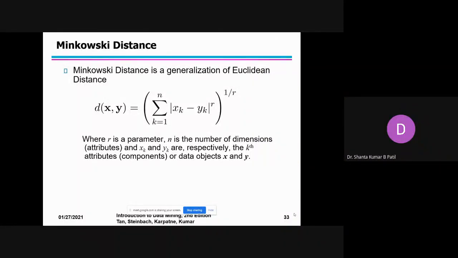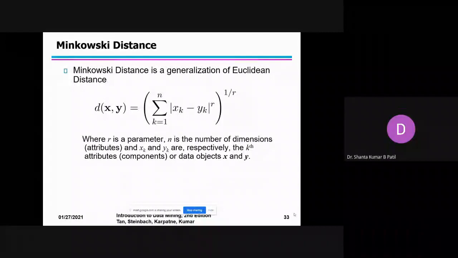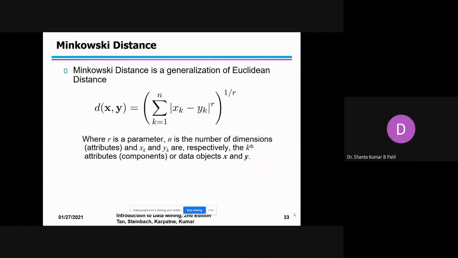I hope you are making the difference: the concept is the same, but the equations work on 2 points in the axis, whereas data mining technologies like clustering, classification and association work on different, heterogeneous data sets. Sometimes we need to find out the correlations, sometimes the differences.